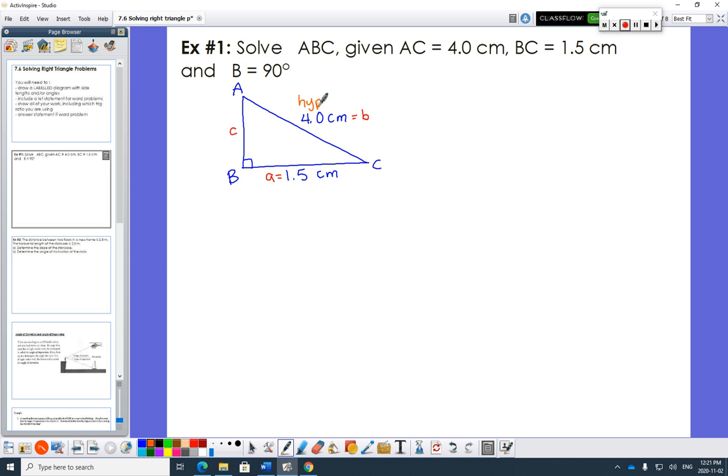So I'm going to pick this angle first. I'm going to do angle C. So that's the adjacent. So if we're going to find angle C, and we have adjacent and hypotenuse, then that's cos. Yep.